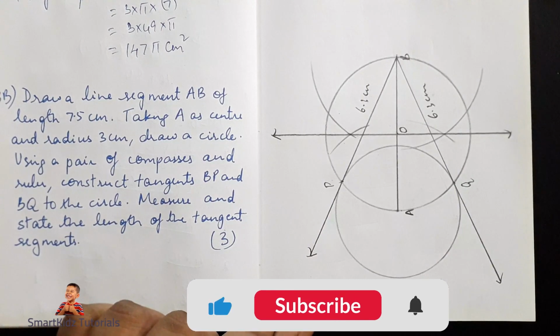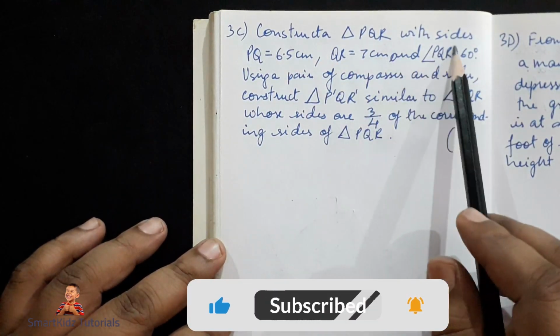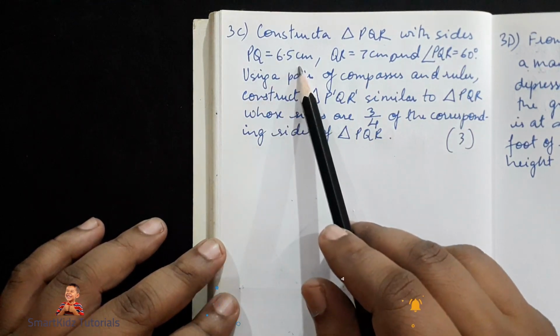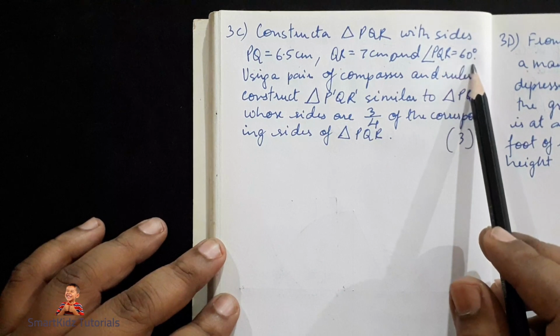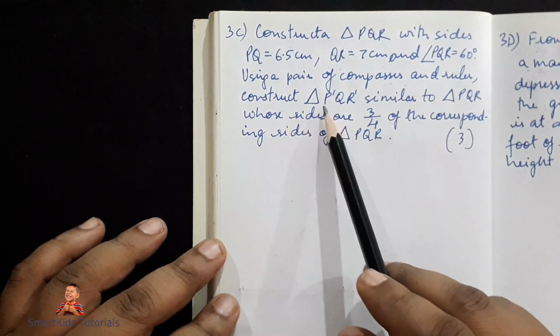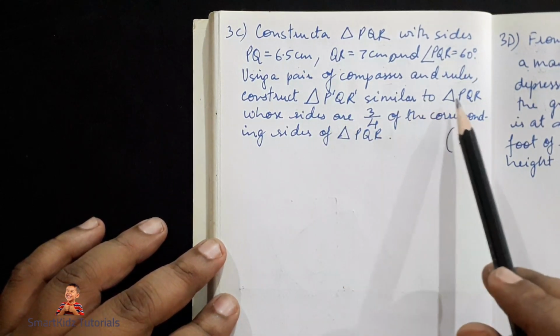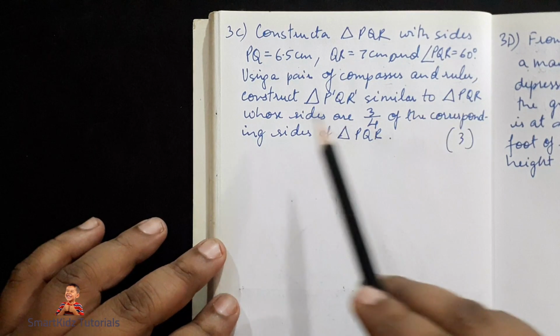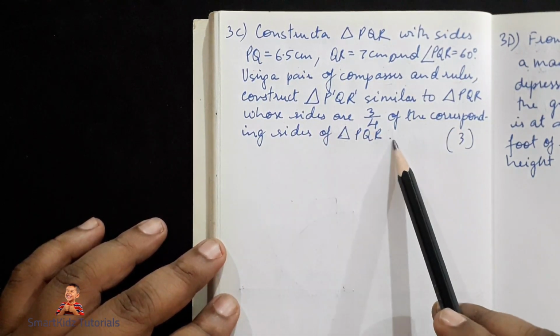Next question, 3C for 3 marks. Construct a triangle PQR with sides PQ equal to 6.5 centimeter, QR equal to 7 centimeter, and angle PQR equal to 60 degrees. Using a pair of compasses and ruler, construct triangle P'QR' similar to triangle PQR whose sides are 3/4 of the corresponding sides of triangle PQR.